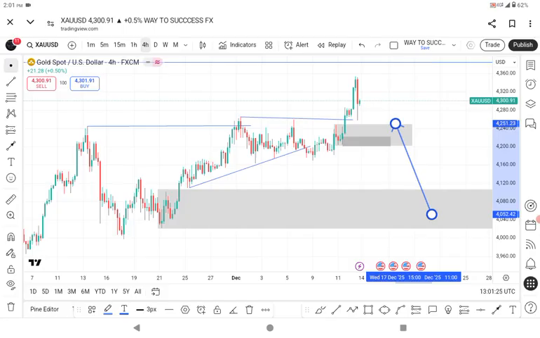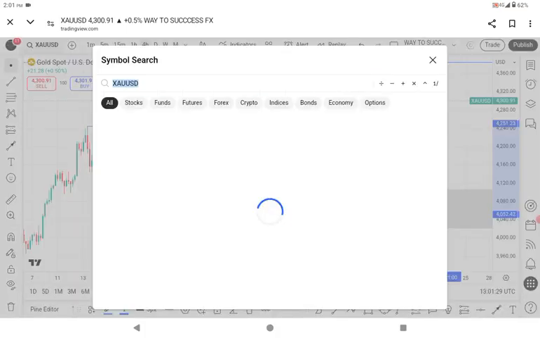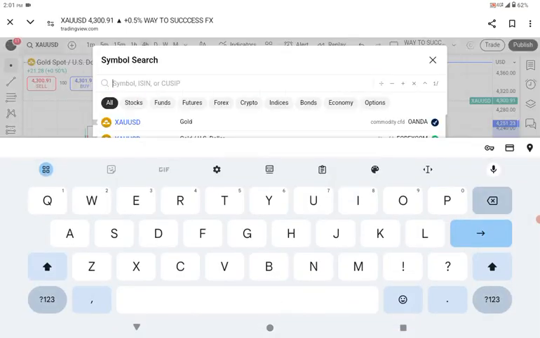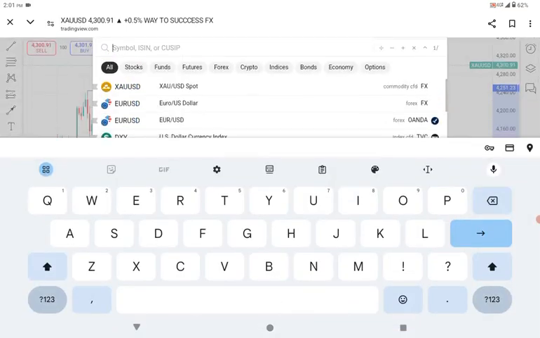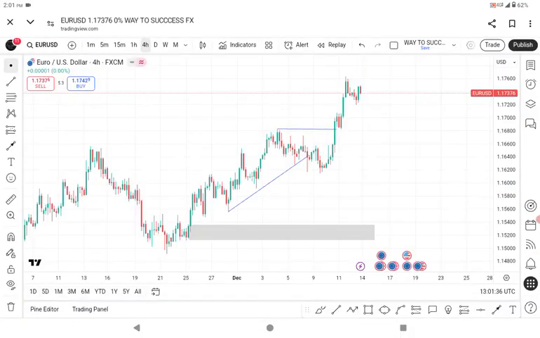So why do I always say that waiting for confirmation is good? Let me show you the reason why on Euro USD, my previous week analysis, where I highlighted in 15 minutes.